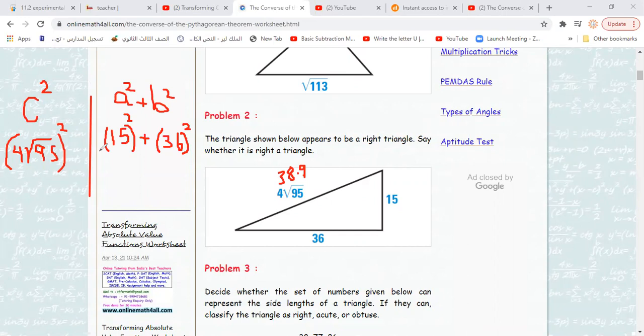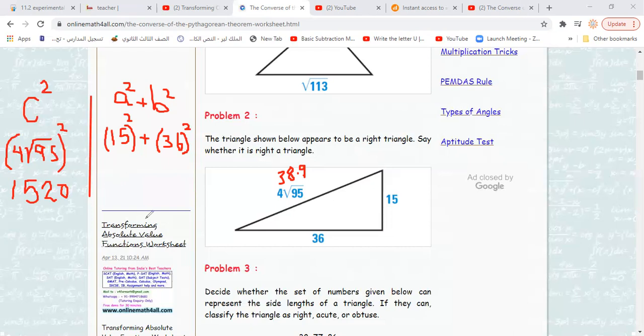Put 4 square root 95 in a parentheses and then close it and make all to the power of 2. It would be 1,520. Then open a parentheses. Inside the parentheses, you will put 4 square root 95.